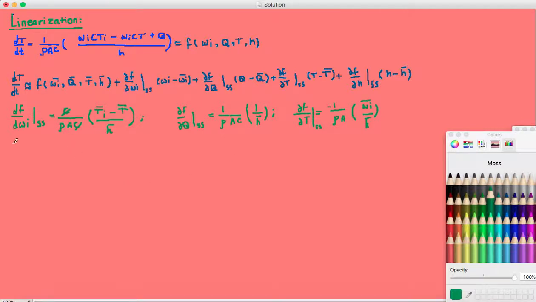And then we will have df by dh defined at steady state equal to 1 divided by rho A C, minus omega I C T_I minus omega I C T plus Q, divided by h bar power 2.